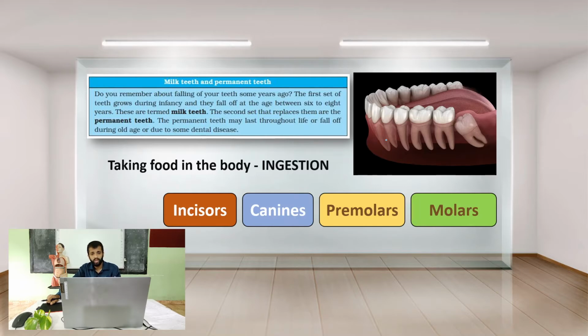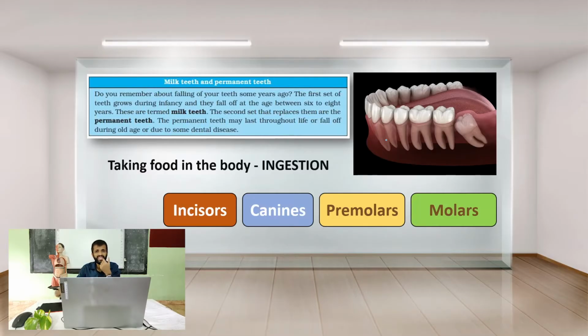Now each one of these, just like your kitchen instruments, has a particular purpose. You can think for yourself: whenever you have a chips packet which you need to open, which part of your teeth do you use to open it? You will use the front ones, right? That is because those are incisors.